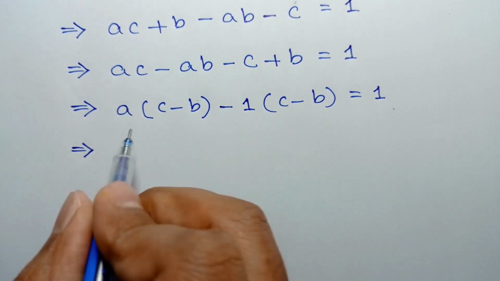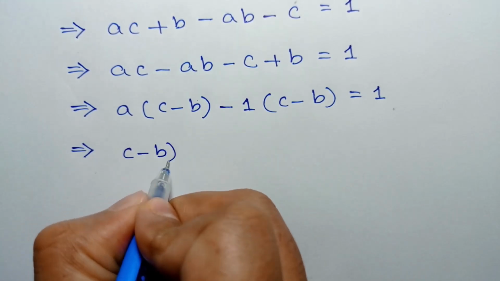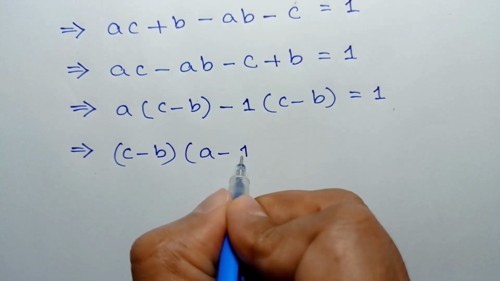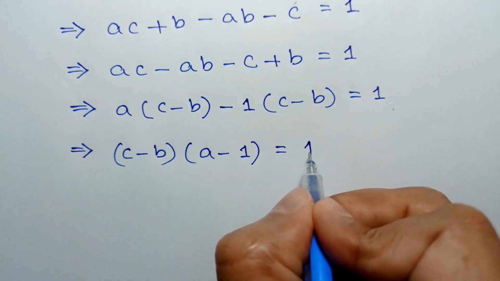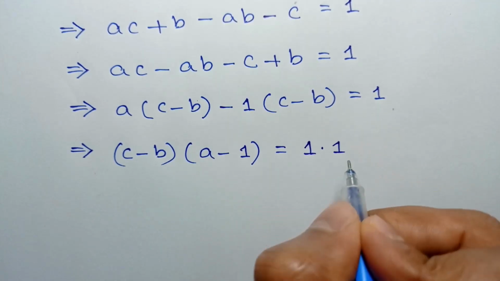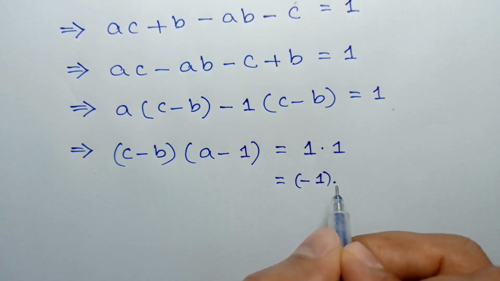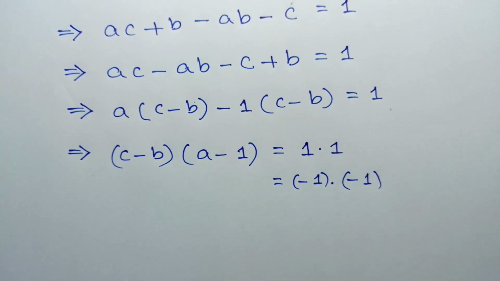Taking common (C minus B), we can write (C minus B) times (A minus 1) is equal to 1. And 1 can be written as 1 times 1 or negative 1 times negative 1 for integer solutions.